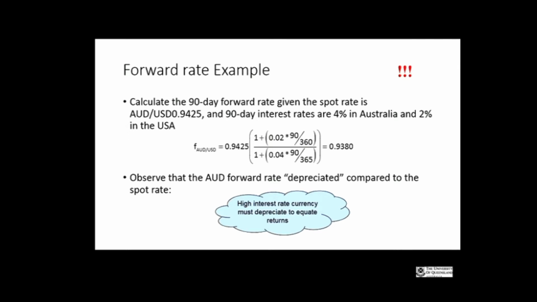Depreciate, same logic as beforehand. So before you start with any of these calculations, think first. The gain of interest from investing in the other country must be taken away by depreciation. Otherwise, it would be a free lunch, money on the street, and everybody could get rich very fast, very easy. Because the forward is giving you the insurance, there's no risk anymore.